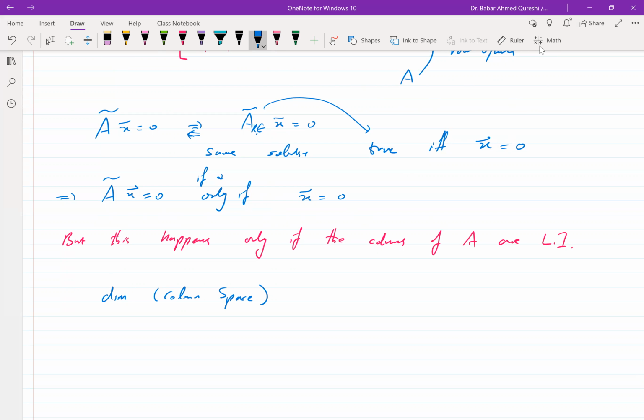So the dimension of column space is bigger than or equal to the rank, because the number of leading ones is also equal to the dimension of the row space, its rank.